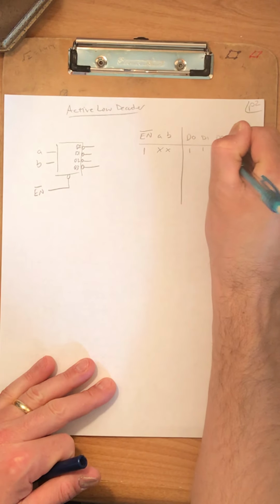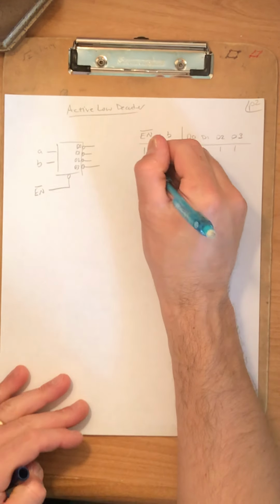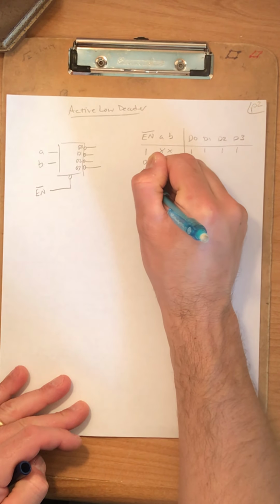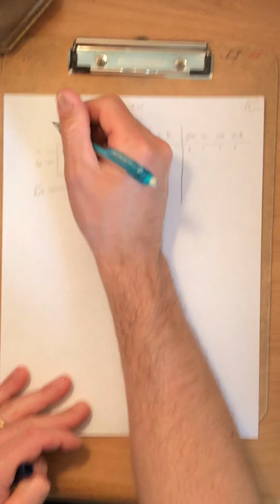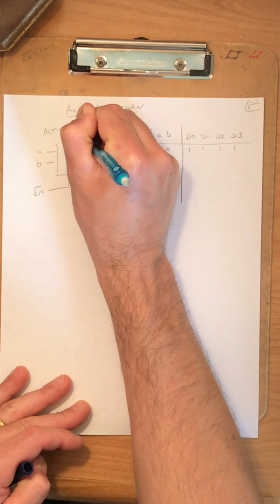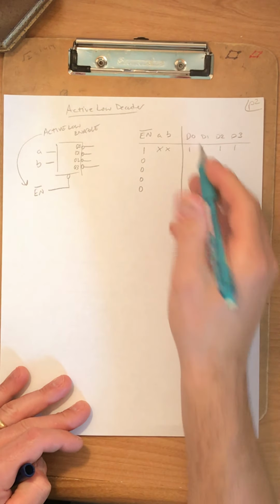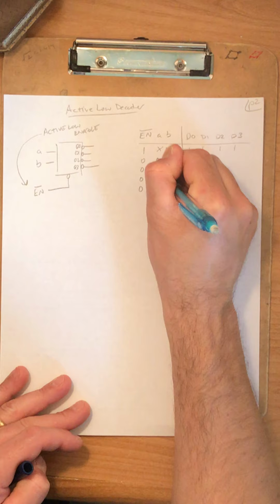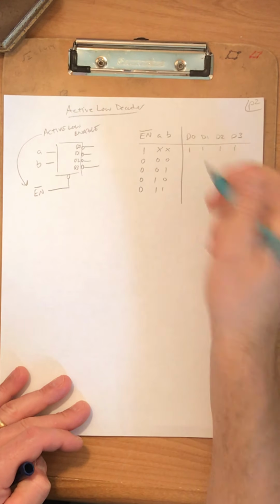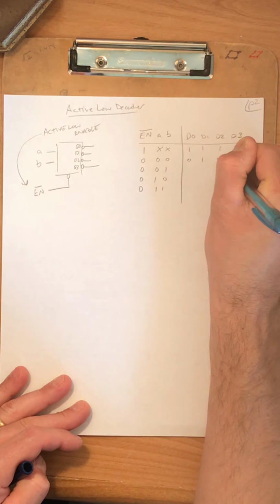Everything will be high. Now, if we enable it with a 0, because it's an active low enable, so this one becomes active.